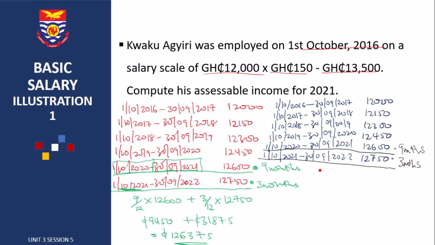So I'm going to get 9 over 12 times 12,600 plus 3 over 12 times 12,750. So here we have Ghana cedis 9450 plus Ghana cedis 3187.5.